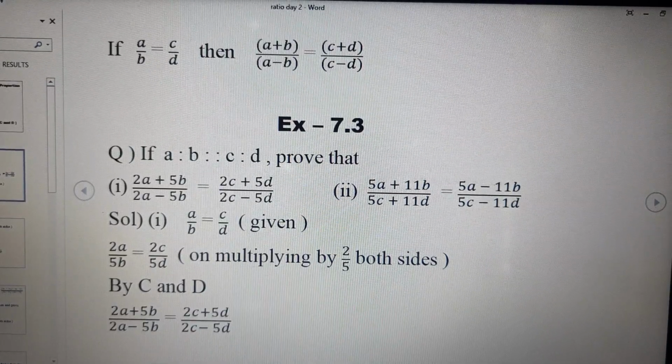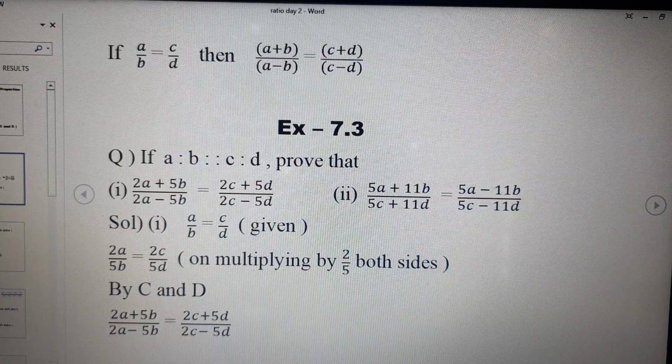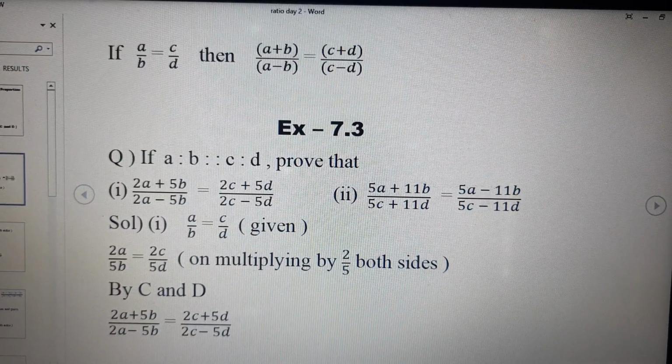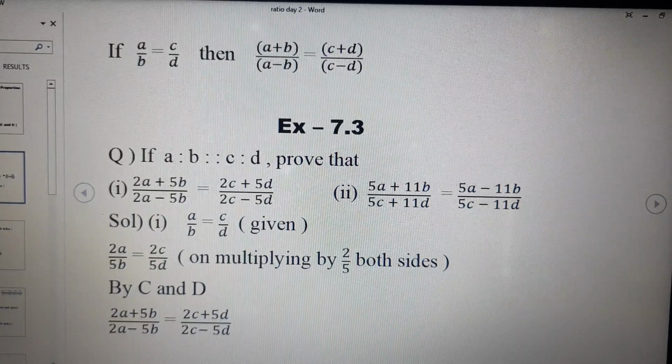Clear? So let us start with the exercise and you will be able to understand how we are going to apply these properties in the question.